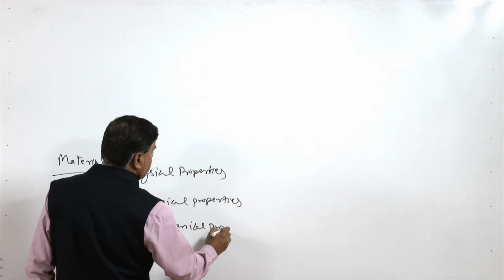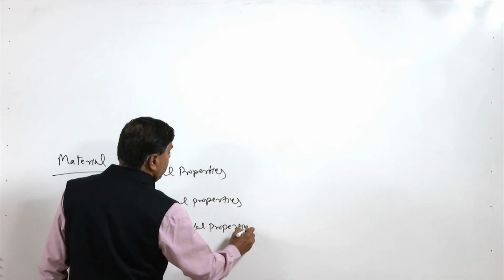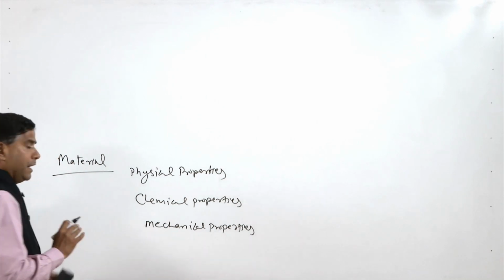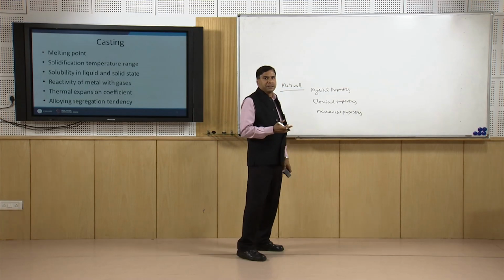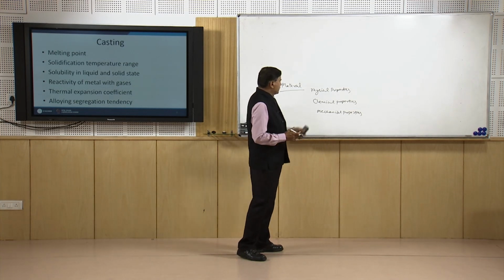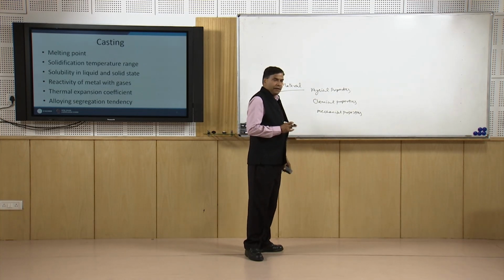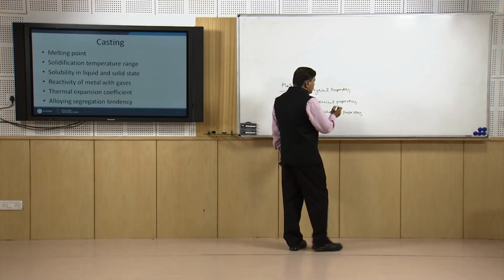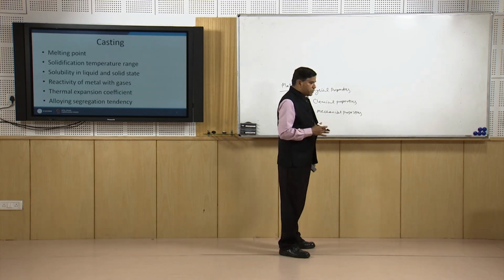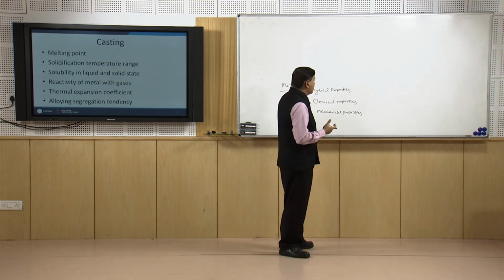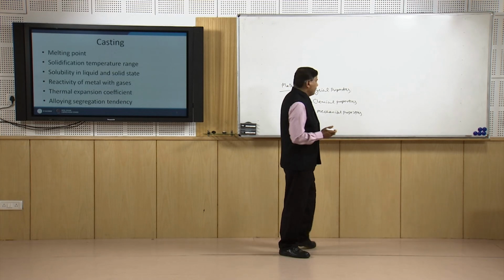So, these are the properties which are important from the manufacturing point of view. Any material you take which is to be processed for manufacturing by any of the manufacturing processes, we need to consider certain properties of the material, and these properties need to be seen to see which process will work better for a given material.